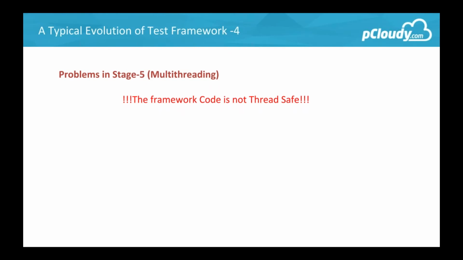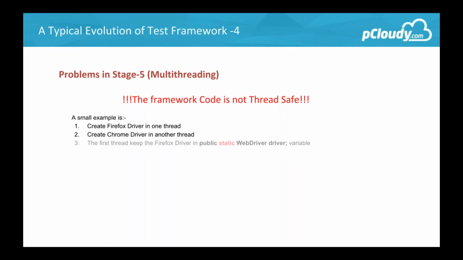A small example is you create a Firefox driver in one thread, then create a Chrome driver in another thread. The first thread keeps the Firefox driver in a public static driver variable. This particular variable is static and is kept maybe in your main class.